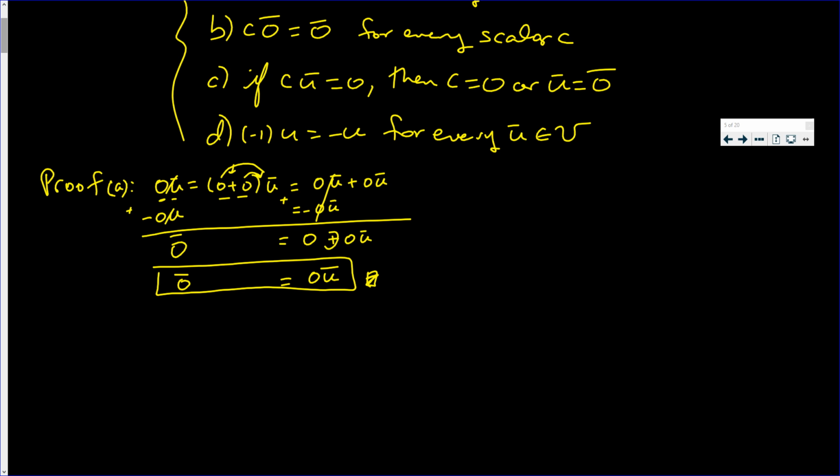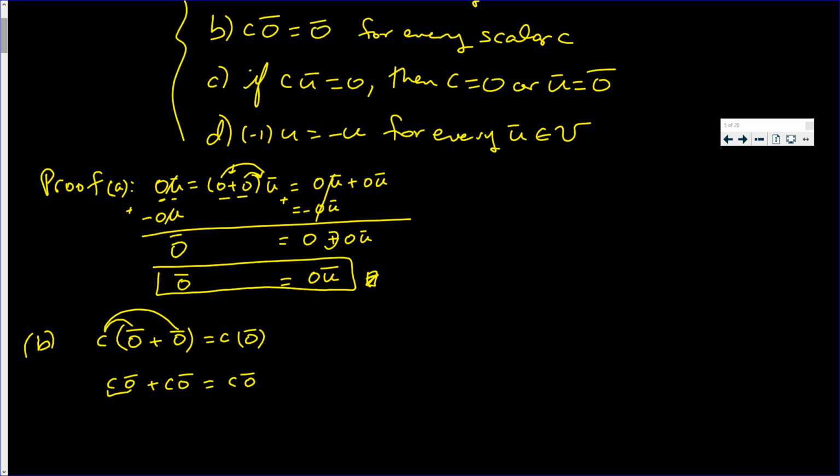The proof for A. Now the proof for B. Okay, so we know that the 0 vector plus the 0 vector is equal to the 0 vector. Those two are equal. Well, I want to multiply both of them by c. Okay, we can distribute the c. So this is the proof for B. You get c times the 0 vector plus c times the 0 vector is equal to c times the 0 vector.